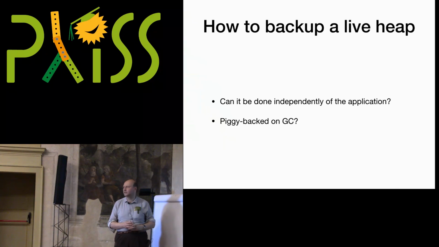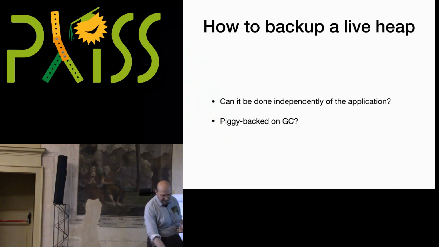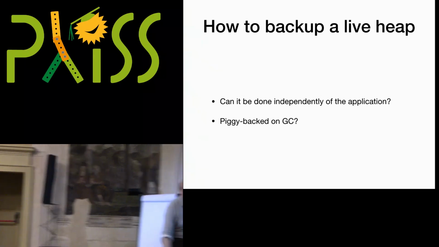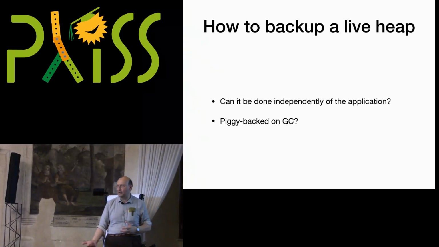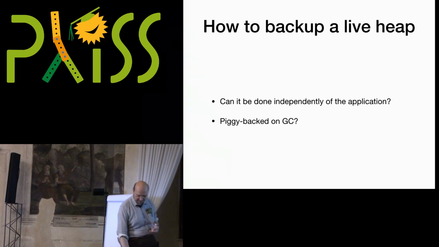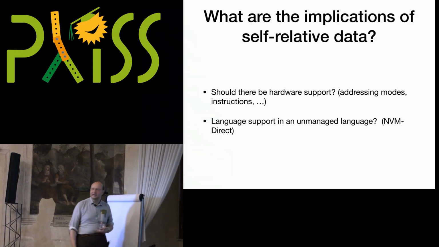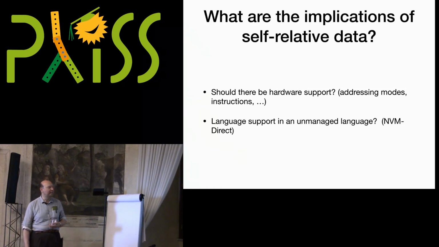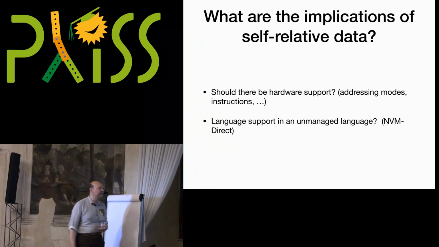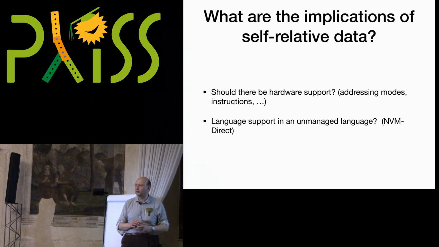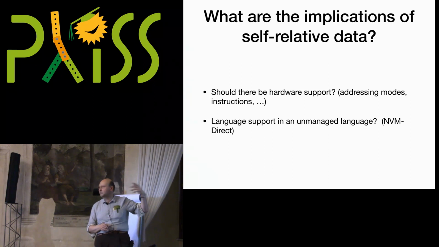Can it be piggybacked on the GC? How do we get old versions of things that we can recover to in the event of, say, a hardware failure and the loss of the data in the persistent memory? If self-relative data become really common, maybe there should be some addressing modes and instructions and some language support in unmanaged languages. NVM Direct has an approach, but it can't be the only one.